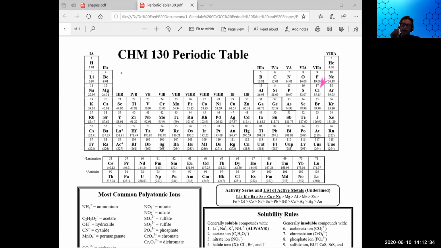Of those 17, how many are the valence electrons in the outermost shell? Okay, 7, exactly. It is in group 7. Now, third question. There are 17 electrons, and of those 17, 7 of them are in the outermost shell.